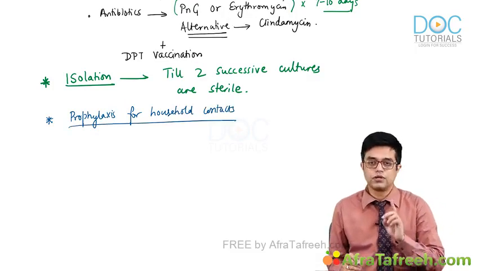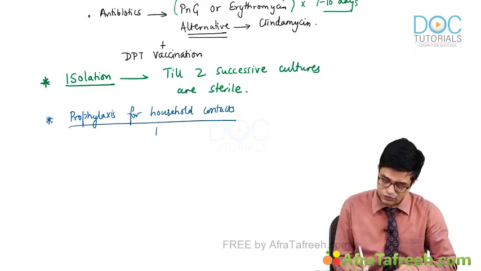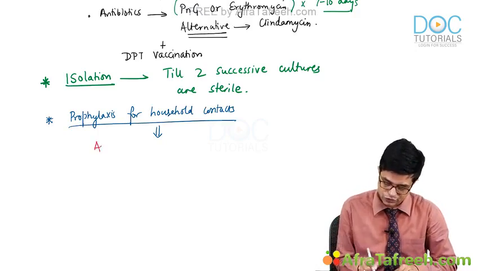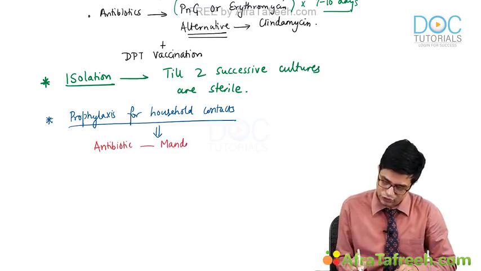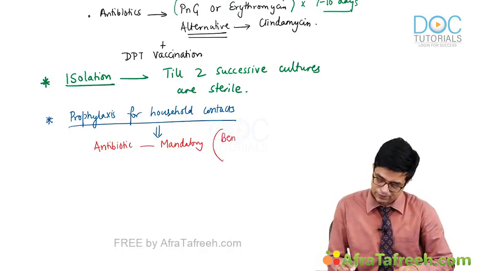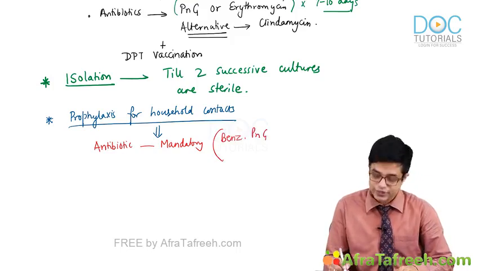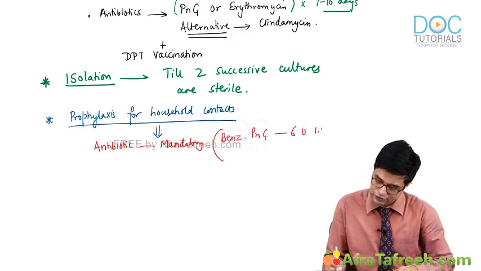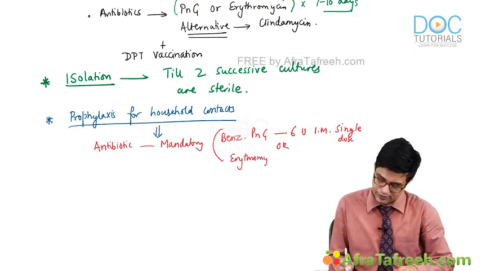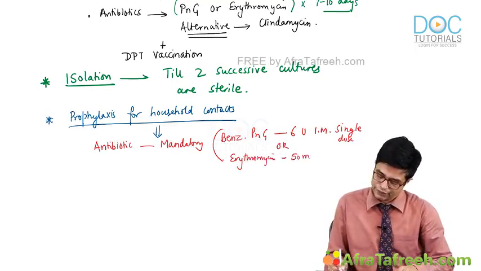So, there are 2 important things that you should remember. For any household contact, antibiotic prophylaxis is mandatory. This is the first thing you should remember. So, antibiotics are mandatory, irrespective of immunization status. You can give either a single dose of benzathine penicillin G, 6 lakh units intramuscular, or you can give erythromycin in a dose of around 50 mg per kg body weight per day in divided doses for 10 days.